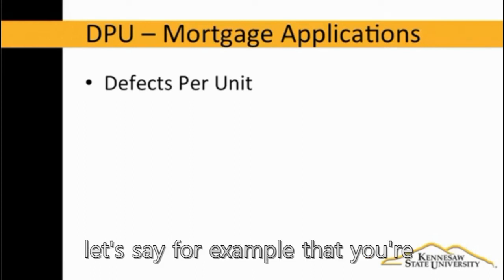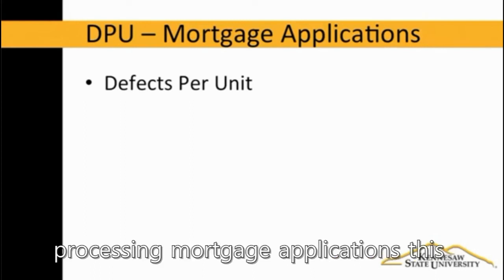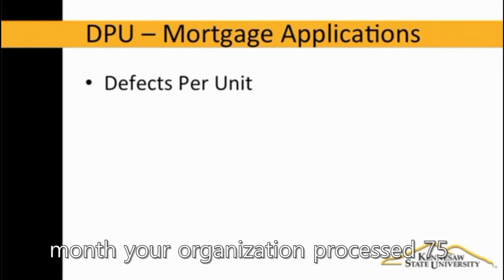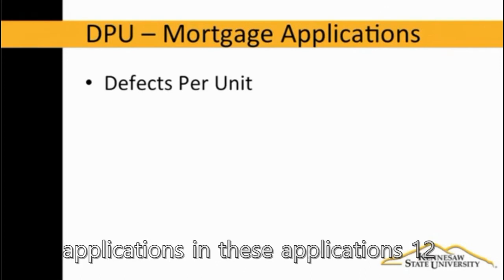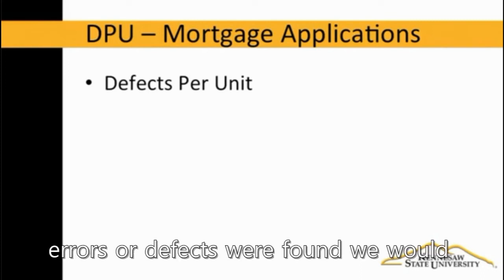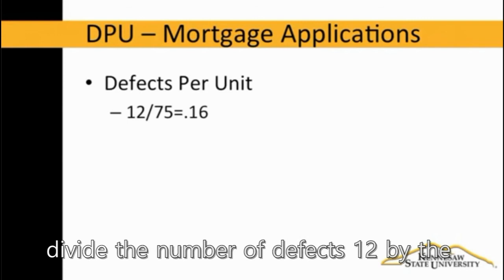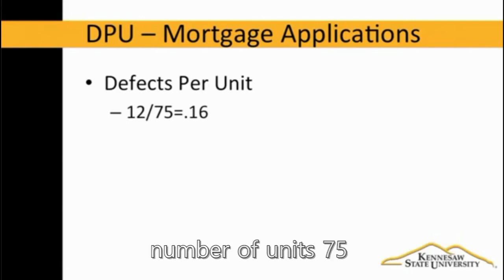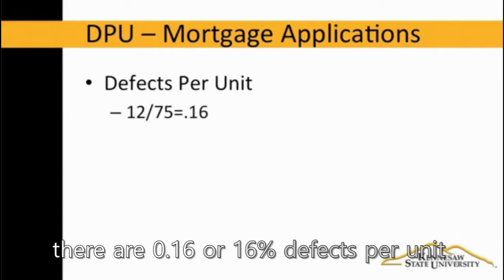Let's say, for example, that you're processing mortgage applications. This month, your organization processed 75 applications. In these applications, 12 errors or defects were found. We would divide the number of defects, 12, by the number of units, 75. There are 0.16 or 16% defects per unit.